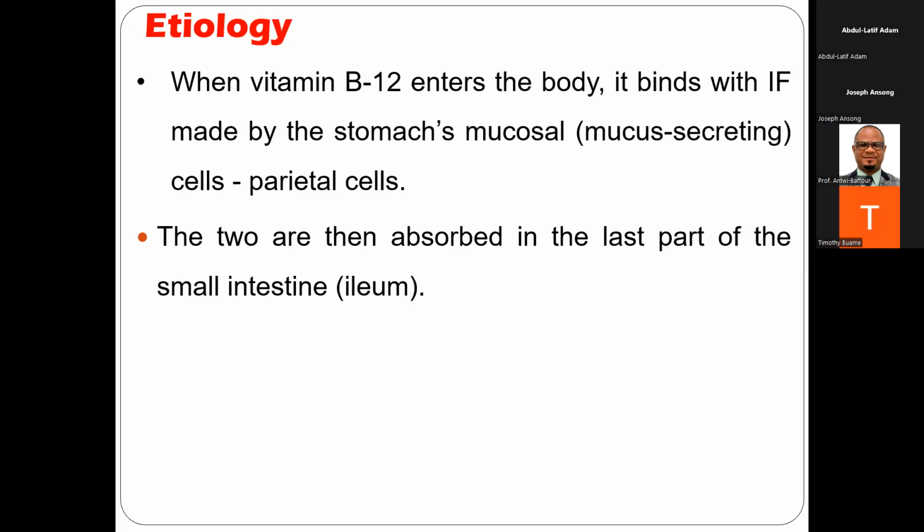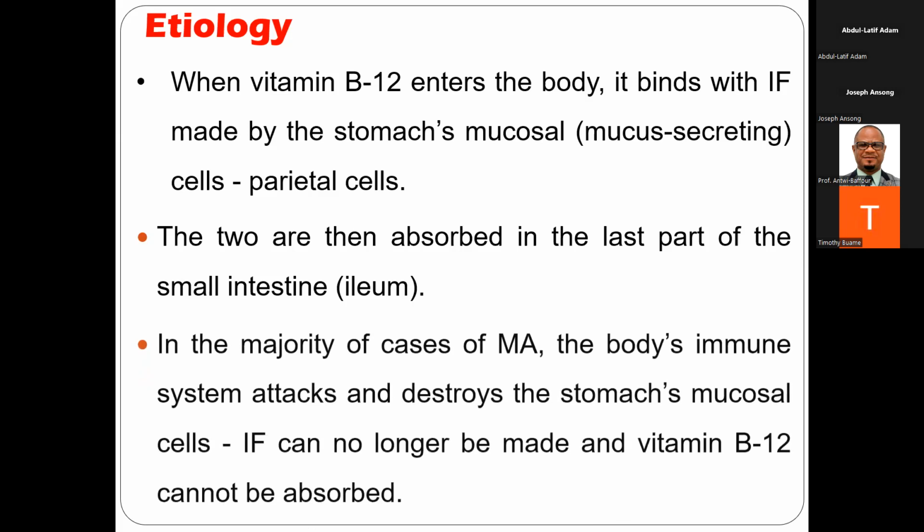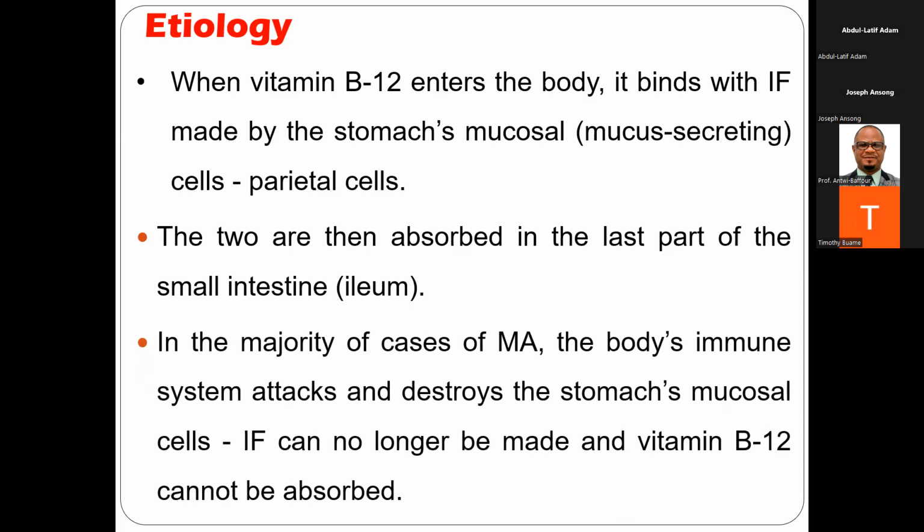Like I said, when vitamin B12 enters the body in the stomach, it binds with intrinsic factor. This is made by the stomach mucosa cell, or the parietal cell. They are then absorbed in the last part of the small intestine, the ileum. In the majority of cases of megaloblastic anemia, what we have found is that the body's immune system attacks and destroys the stomach parietal cell.